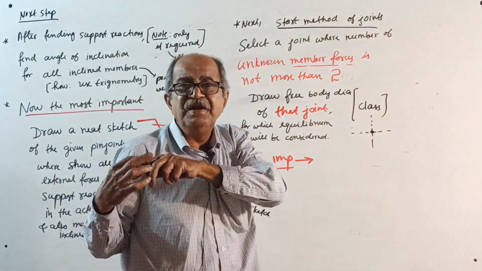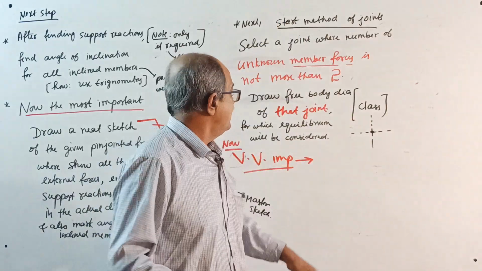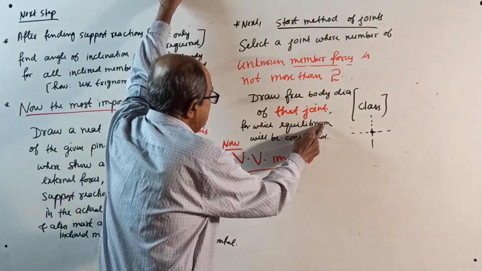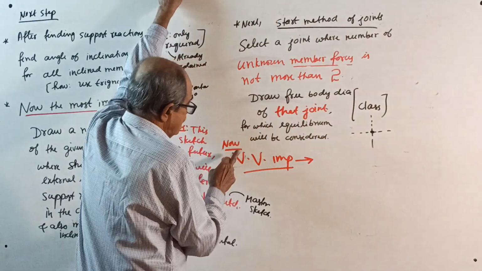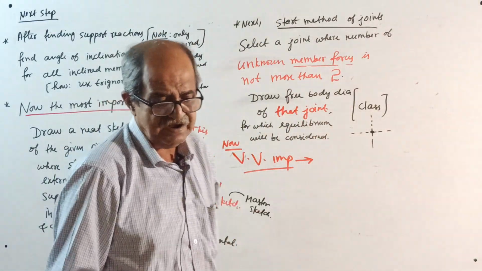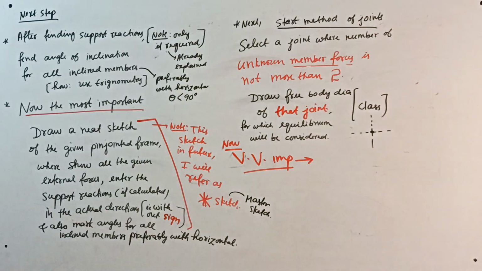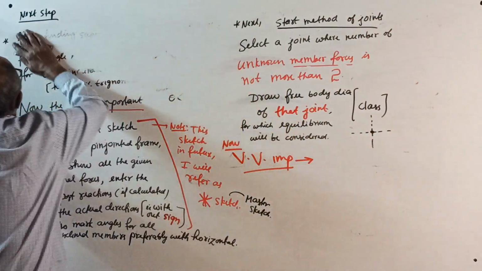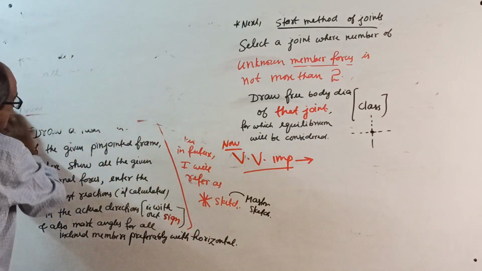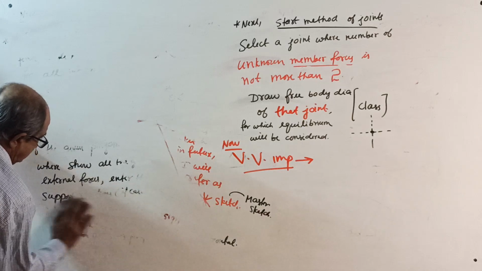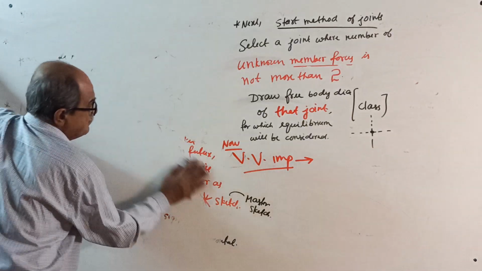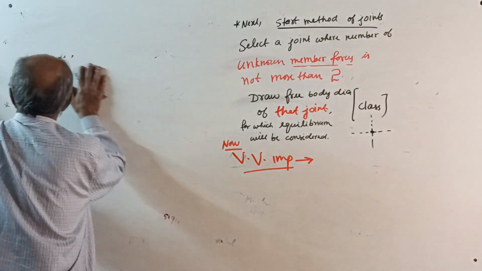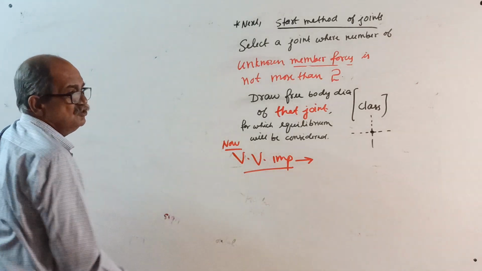One of them is the horizontal axis, the other is the vertical, for which equilibrium will be considered. Now, very, very important, I will not tell this in each and every class. If you follow all the steps correctly and solve some 3-4 questions, you will become a master.